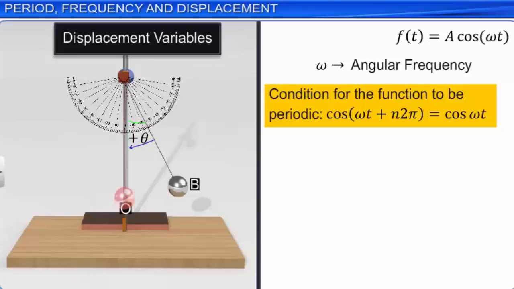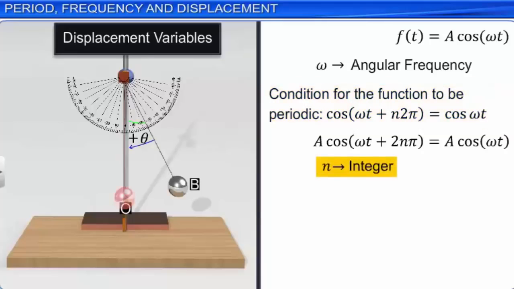Thus, A cos(ωt + 2nπ) must be equal to A cos ωt, where n is any integer. In other words, the function is periodic with the time period T when f(t + T) is equal to f(t), where the time period T is equal to 2π by ω.